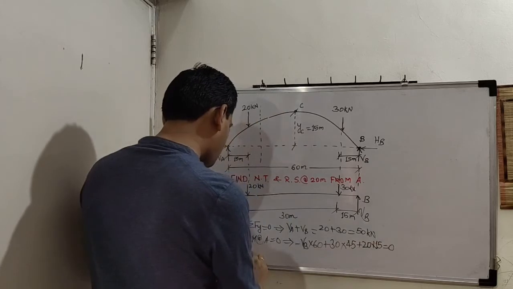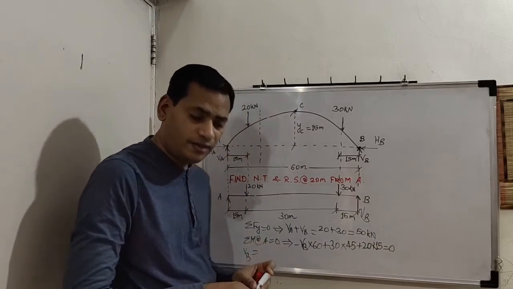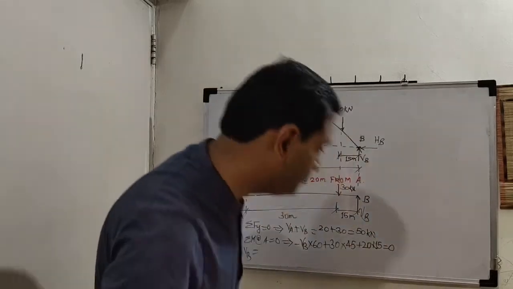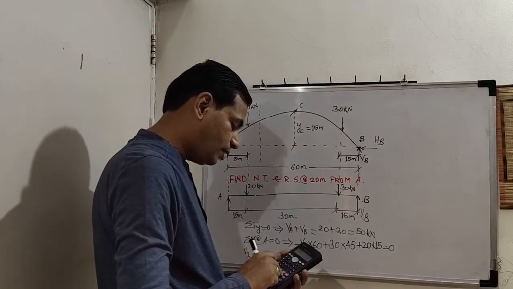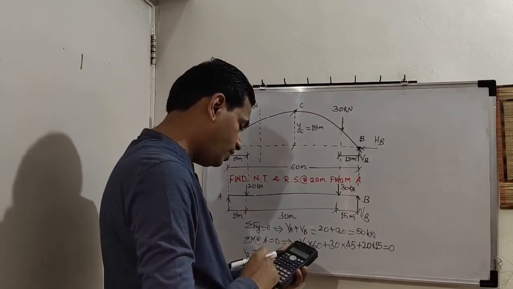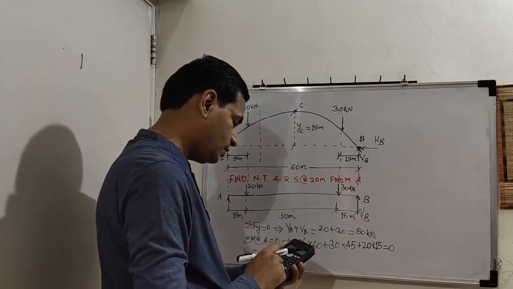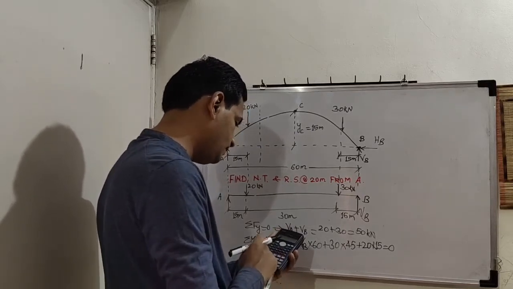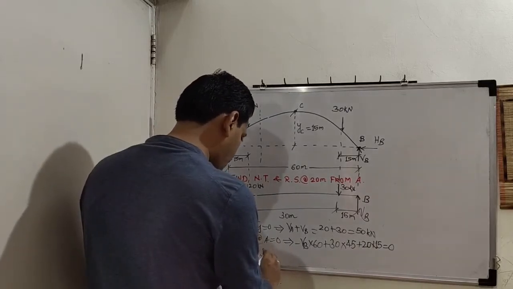From this we will get the vertical reaction on support B. So let us calculate. It is 30 into 45 plus 20 into 15 upon 60. So the answer is 27.5 kilonewton.